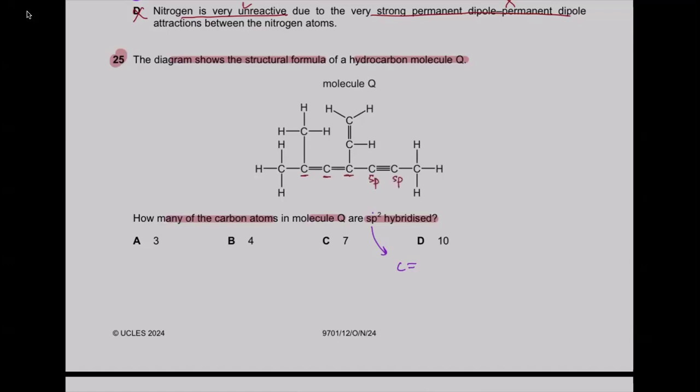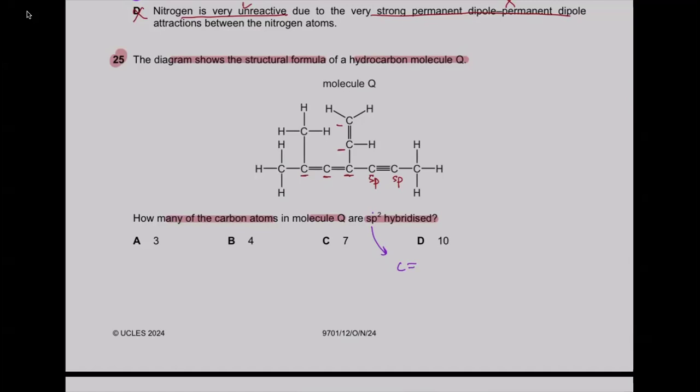So 3, 4, 5. Interesting, isn't it? There are 5 carbons which are sp2 hybridized.